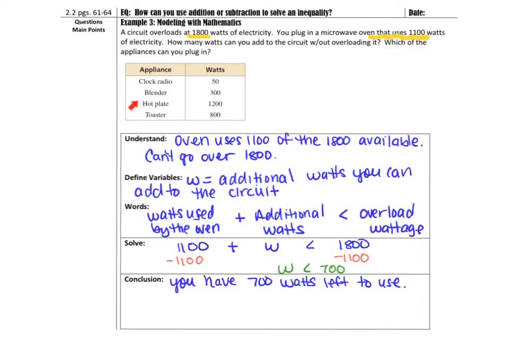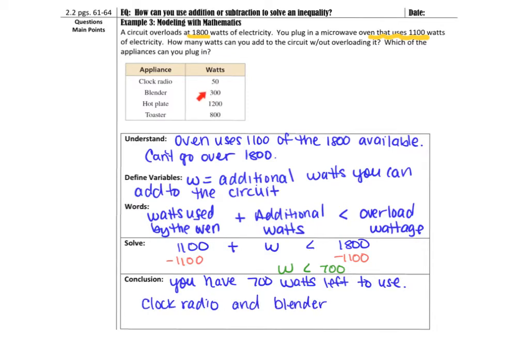Of the clock radio, the blender, the hot plate, and the toaster, with 700 watts left to use, the only ones you can use are the clock radio, because it only uses 50 watts, and the blender, because it only uses 300.